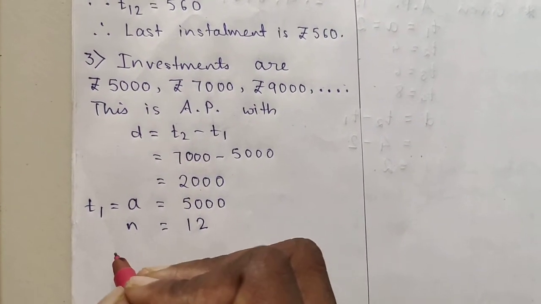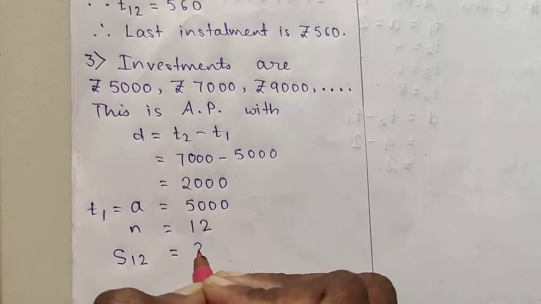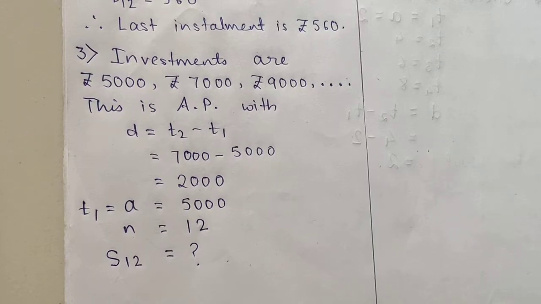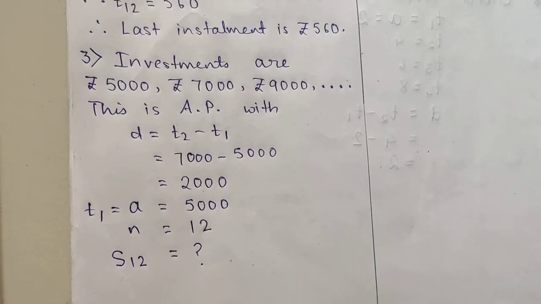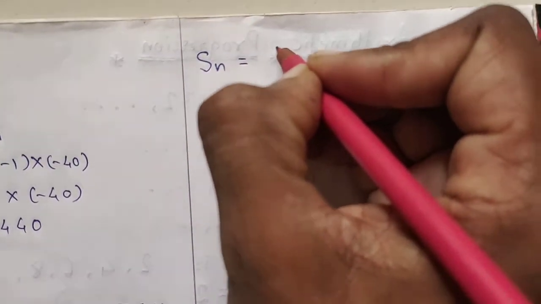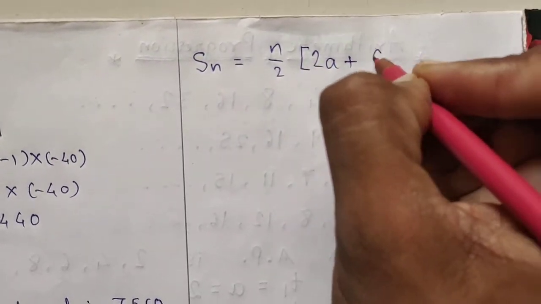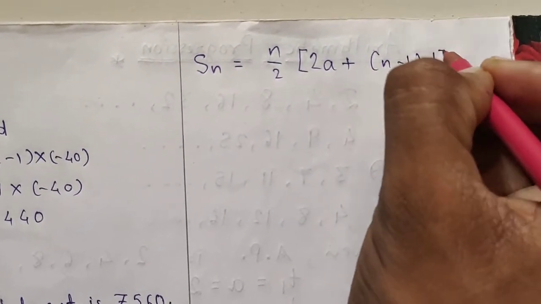So N is equal to 12, and we need to find out S12. Okay, so we are going to use the SN formula. So what is the SN formula? SN is equal to N upon 2 bracket 2A plus bracket N minus 1 into D.